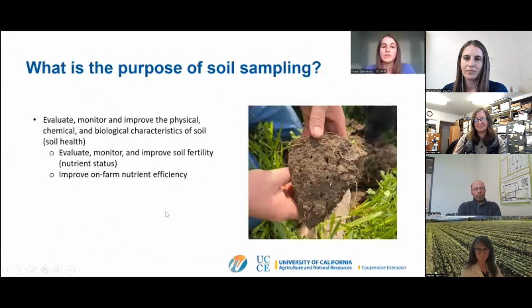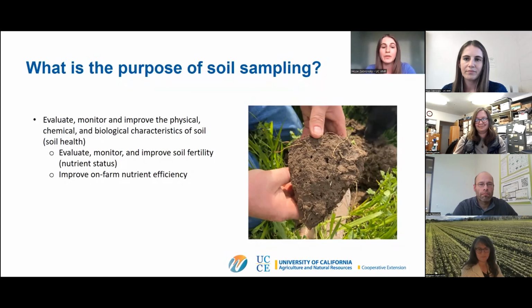Essentially, the goal is to evaluate, monitor, and also improve the physical, chemical, and biological characteristics of soil, which is known as soil health. And one component of soil health is soil fertility, or the nutrient status of soil, which is highly dependent on the chemical properties of the soil itself.